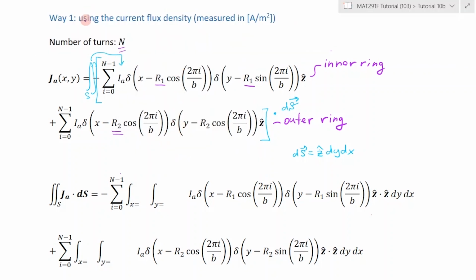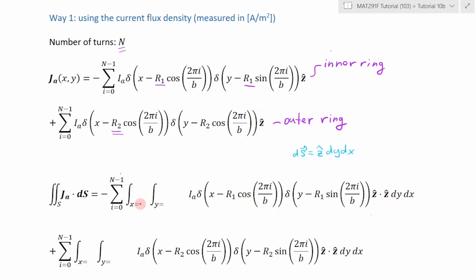I'm actually going to erase this because I don't want this to be in your notes, because j is not equal to the integral. This was just to show you what I'm doing. Okay, so we have this summation of this integral.